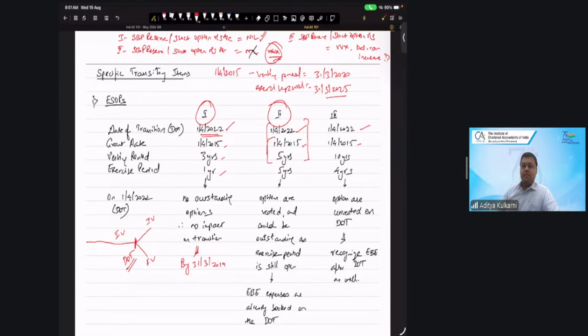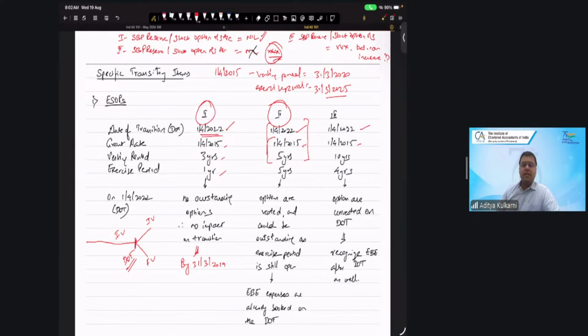But this is where, and I repeat, this is where Ind AS 101 steps in and says, your employee benefit expenses are fully booked. That means the P&L has already absorbed the hit of the employee benefit expense before the date of transition.